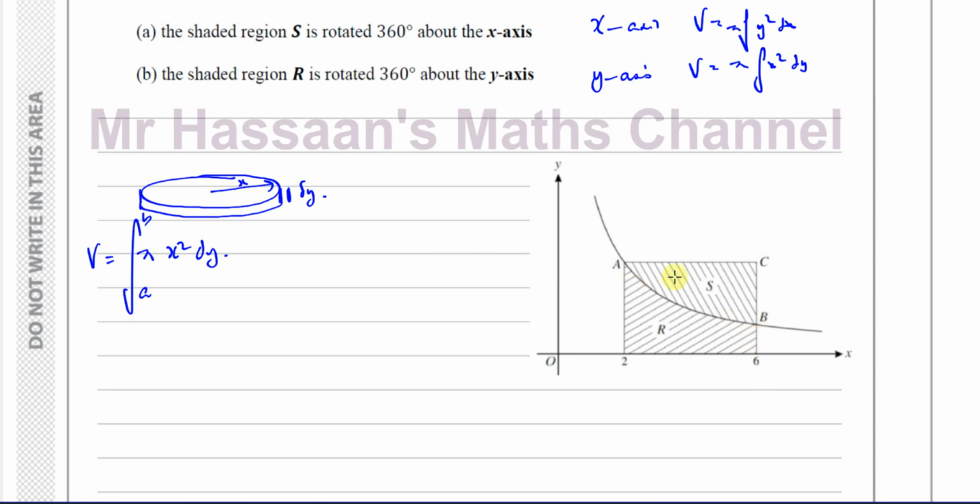If you're considering revolving around the y-axis, then you've got this curved part, which is y equals 4 over x, and then you've got this straight line part here, and also this straight line part here where you have to stop. You don't want to find the volume of that. So what we can do is consider this as two separate shapes.